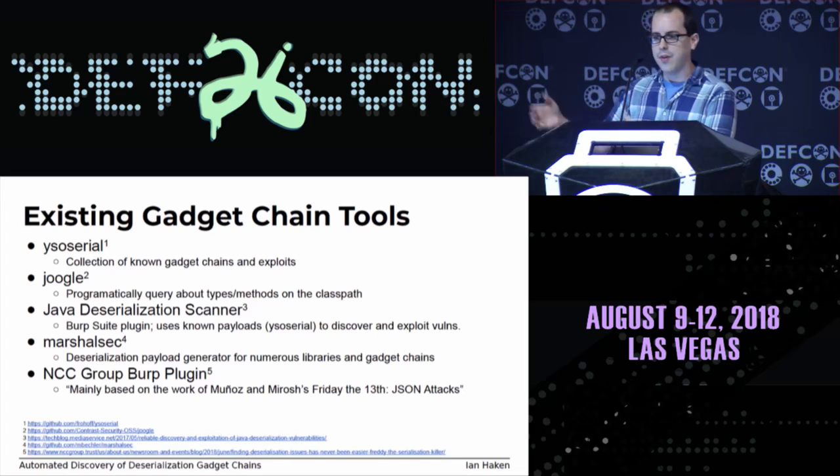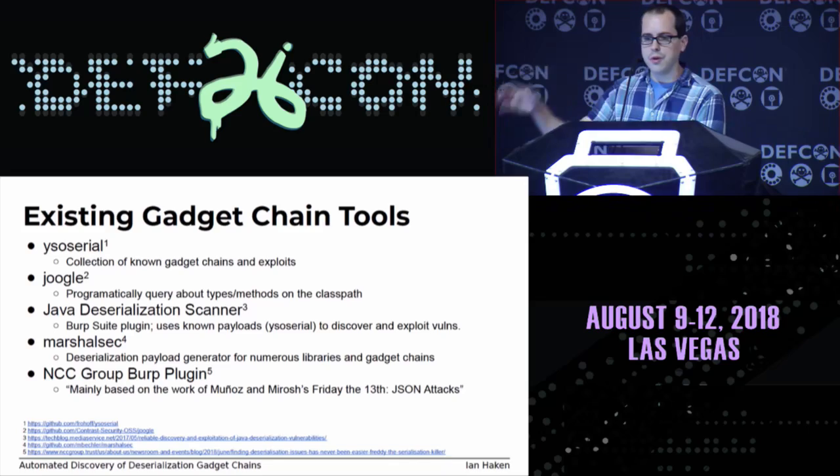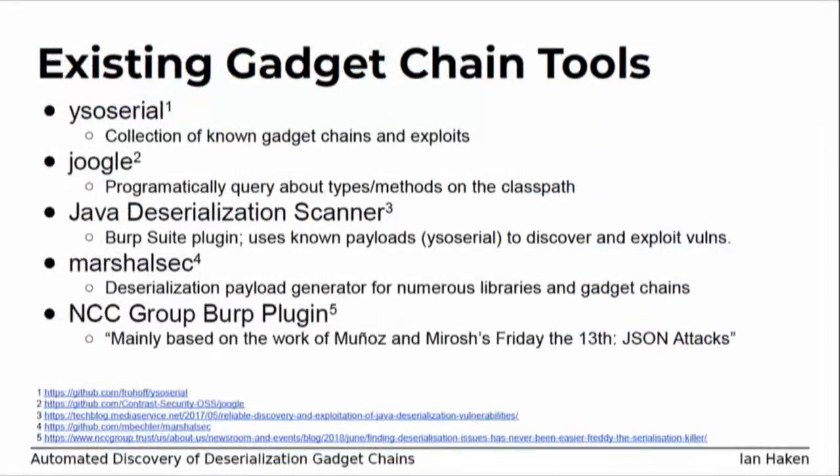So besides the couple that I mentioned, there's a bunch of other existing tools in this space. Jugal is a good tool for programmatically querying metadata on your class path. There's a Java deserialization scanner, which is a Burp Suite plugin that mostly uses payloads from ysoserial in order to detect whether or not you're vulnerable to one of these known gadget chains. The NCC Group Burp plugin was released earlier this year.